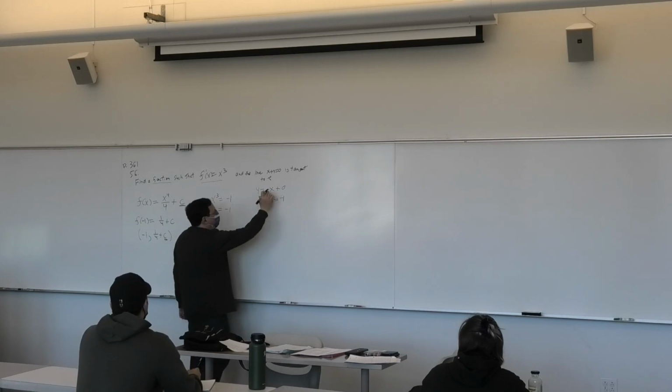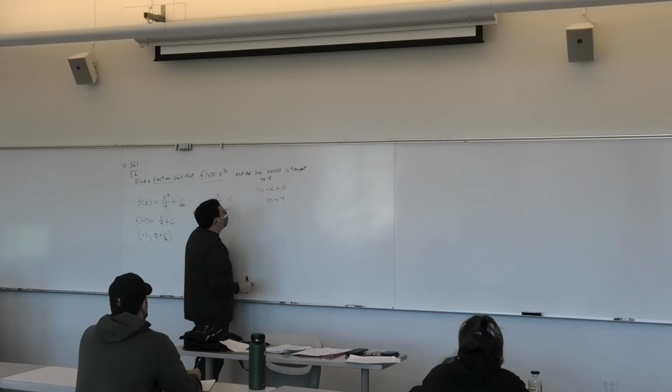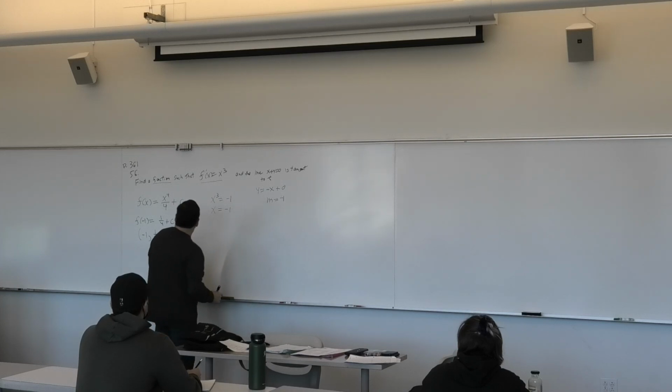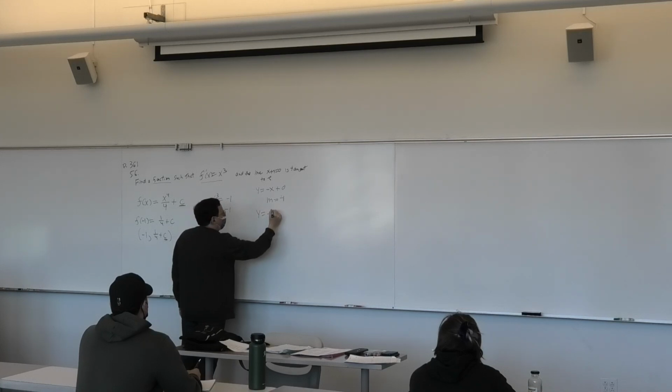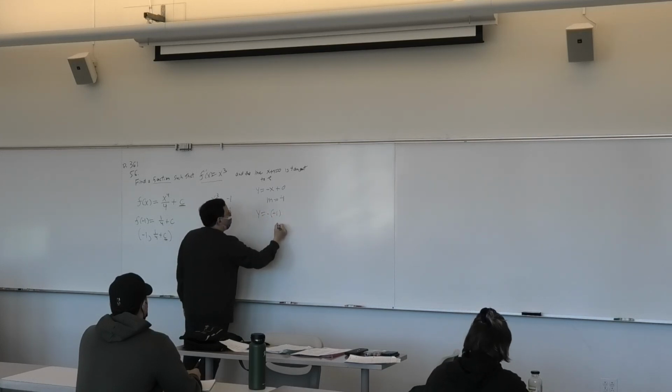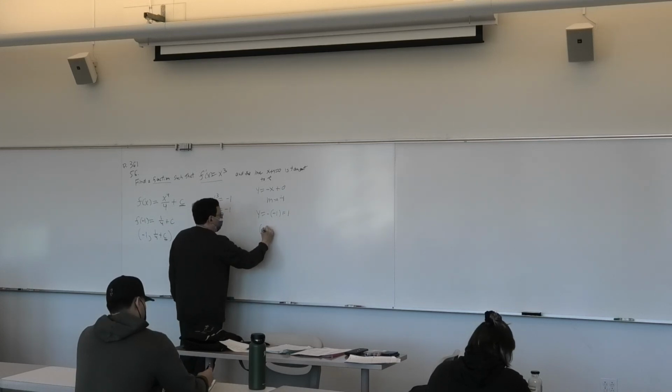The slope is minus 1 everywhere. What value does this line have at minus 1? It's 1. So at minus 1, it has the value 1.